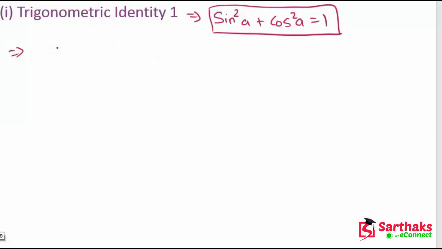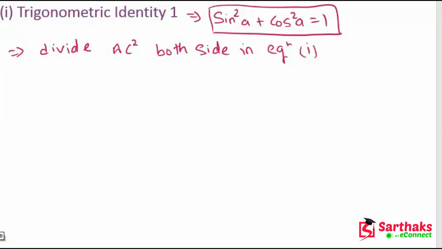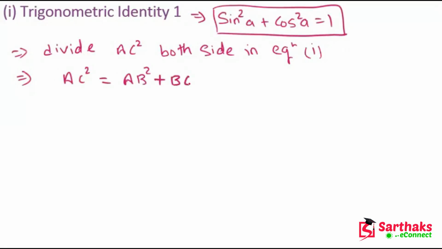So now divide both sides in equation 1 by AC square. After dividing, we have AC square is equal to AB square plus BC square.